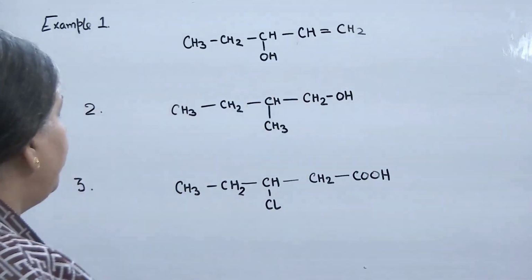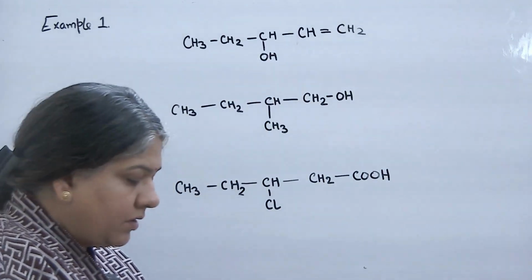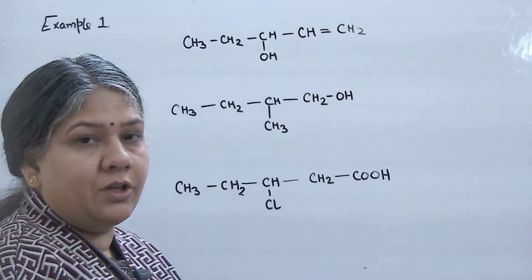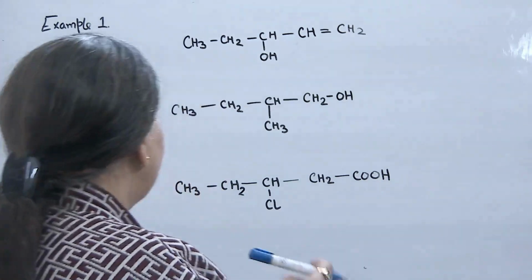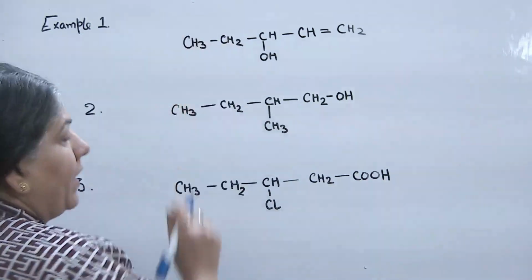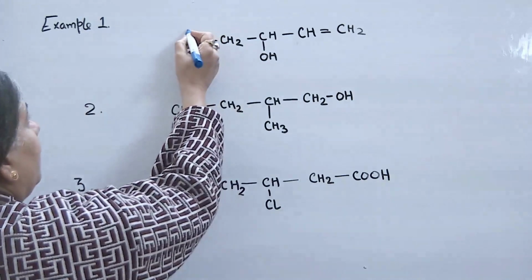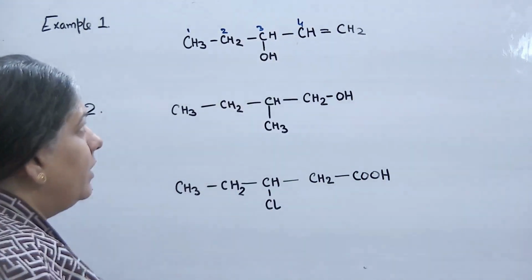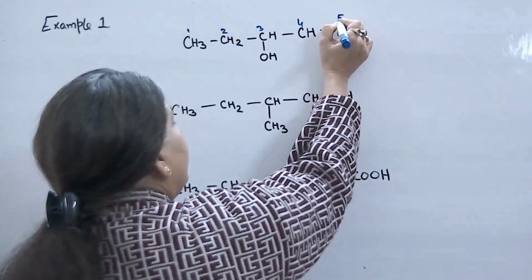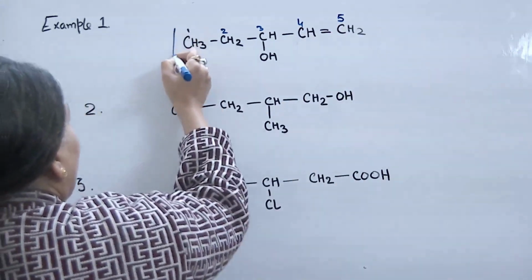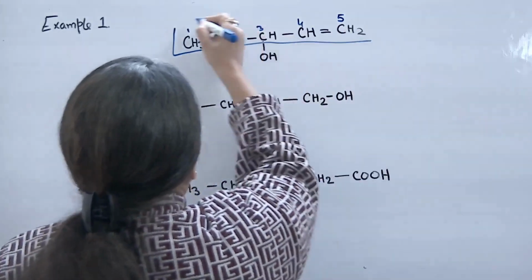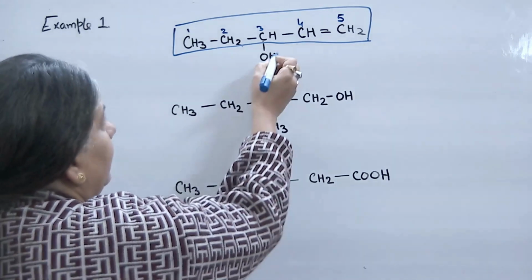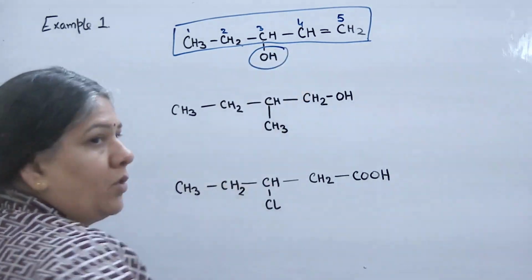Let's see these examples and let's recognize the primary chain or the longest chain, functional group and the substituents. See, you first find the longest carbon chain. So 1, 2, 3, 4. So this is the longest carbon chain. From the longest carbon chain the root word will come. And this OH is the functional group.